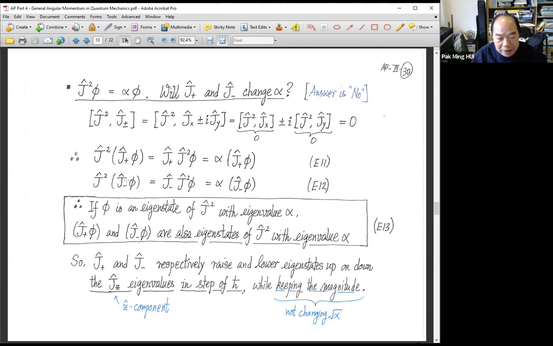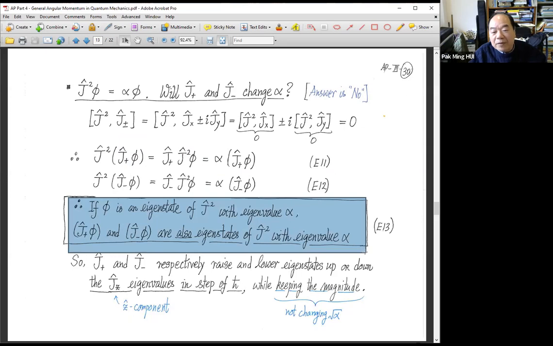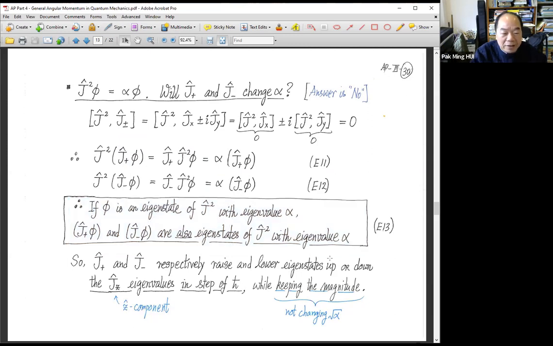Similarly for J minus. So the conclusion in the box: J plus and J minus cannot change the eigenvalue alpha. All right.